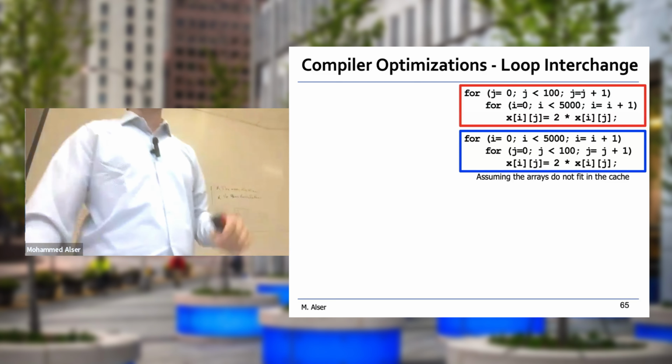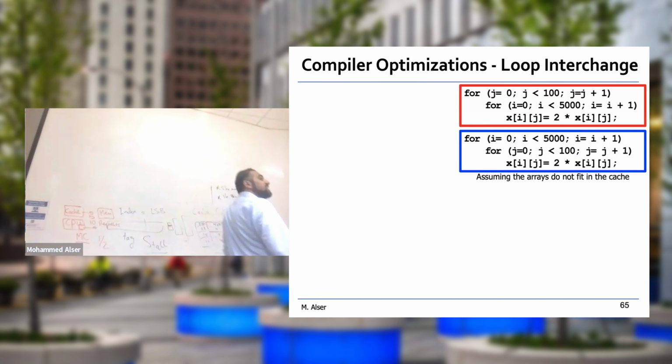There's one very special thing in C that is row-wise. It's row-wise, or row major data layout. Row major. What does it mean? It means all the data will be stored in the memory as rows. If you have a 2D matrix, this entire row will be stored as one block, one cache block.